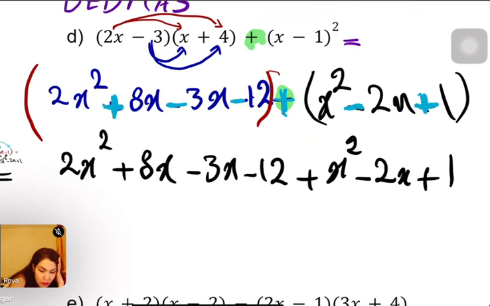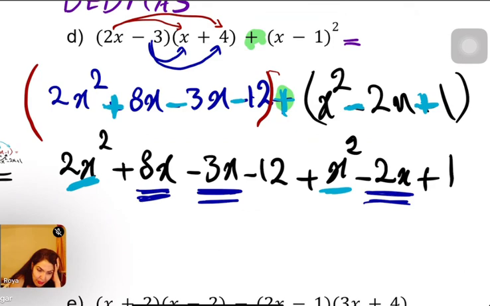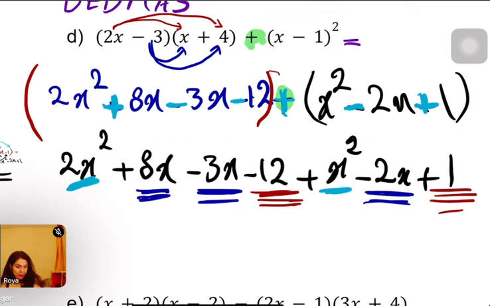Let's put like terms together. 2x squared, we have 1x squared here and x squared here, so they are together. 8x and negative 3x and negative 2x are the same, and negative 12 and plus 1 are the same. So let's calculate it.